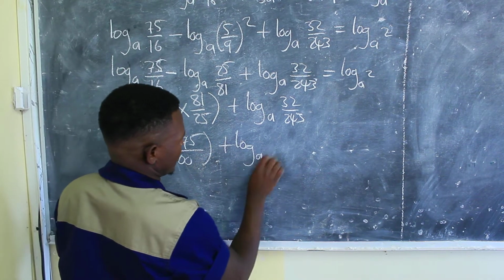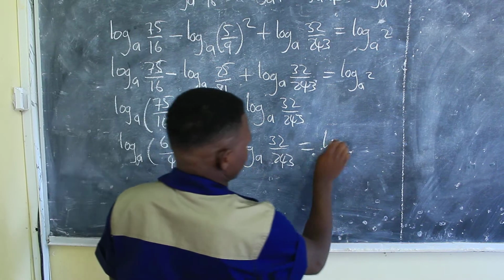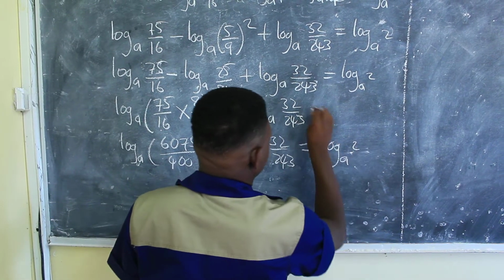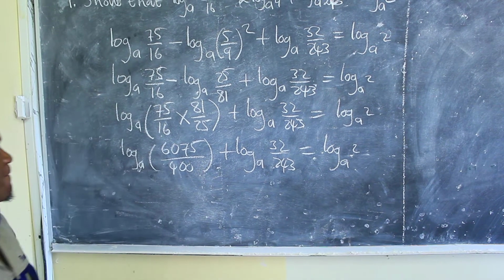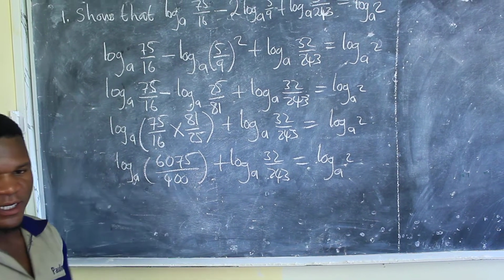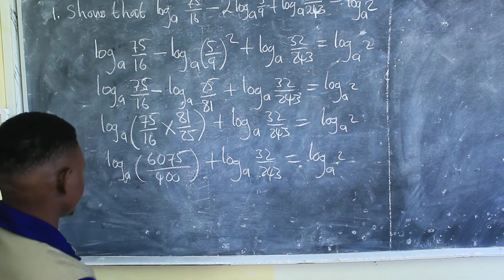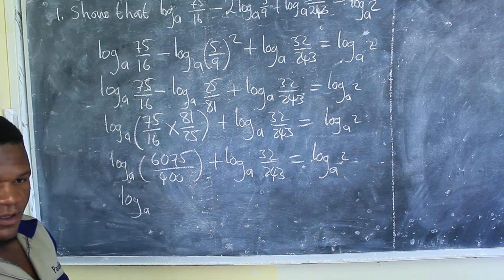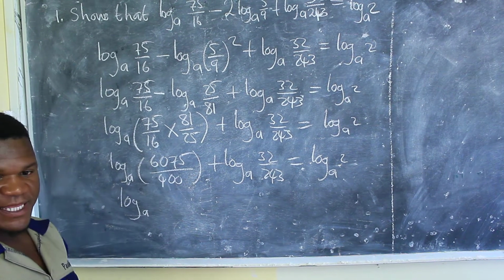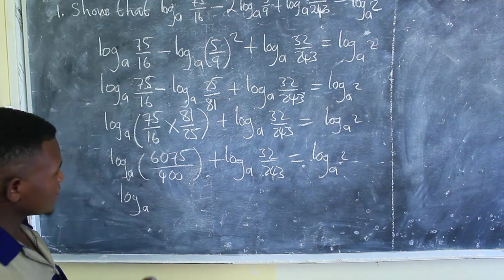Plus log base A 32 out of 243 is equal to log base A 2. Now let's solve this one. The 6,075 out of 400, simplify it. What fraction do you get?